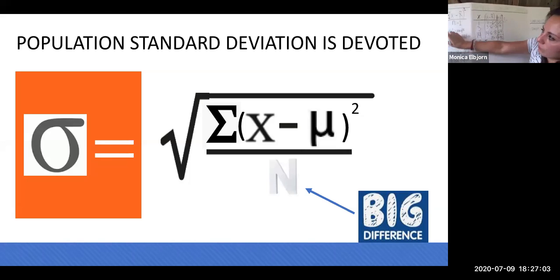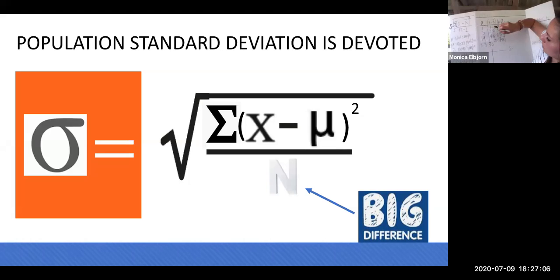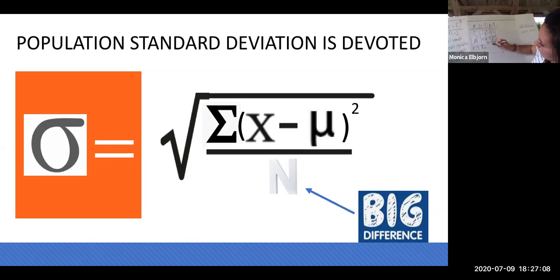98. And then we have n minus 1. So 98 divided by n minus 1. N is 3. 3 minus 1 equals 2. So our formula is s equals the square root of the sum of x minus x bar squared divided by n minus 1.